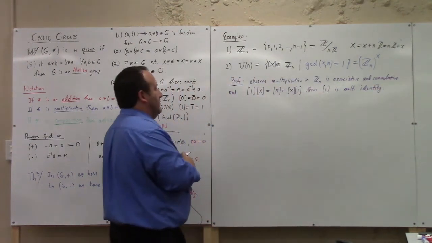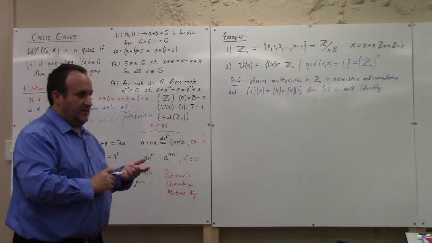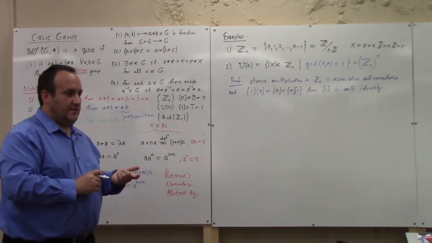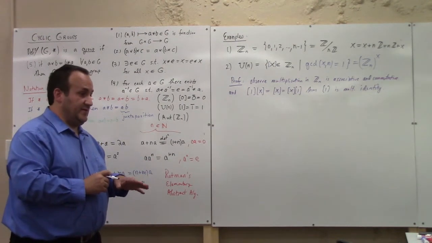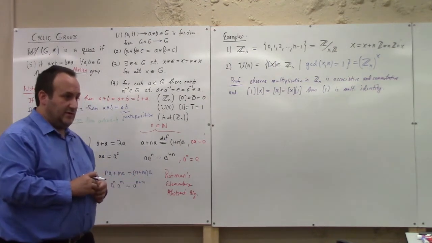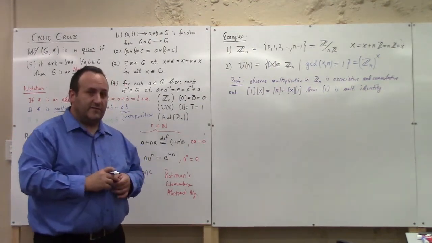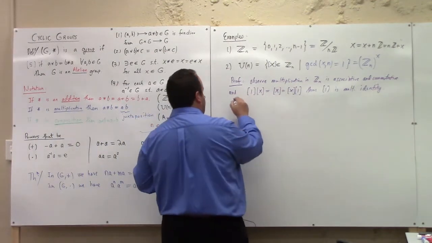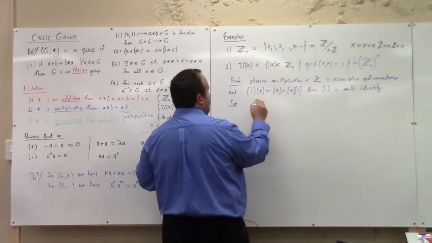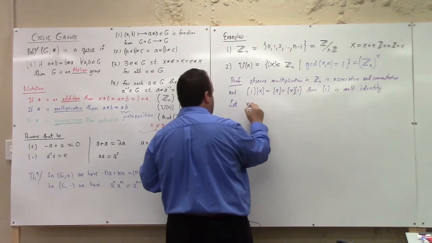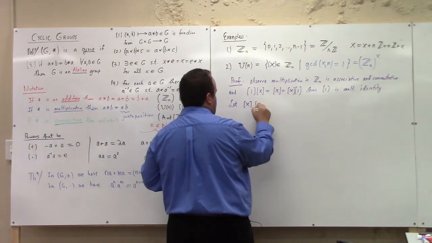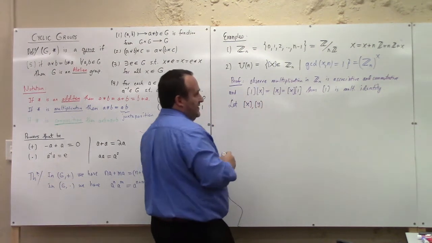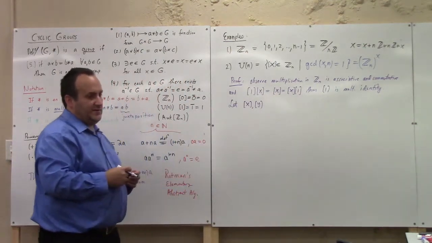Now, the question is, what about closure? If we take the product of two units, is it again a unit? And how about the inverse? Is the inverse of a unit a unit? Okay, so let's deal with closure first. This is often what I find: to make proofs clear, I have to use the cluttered notation.